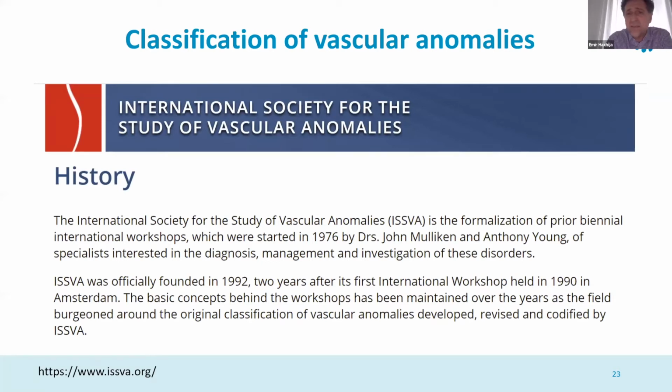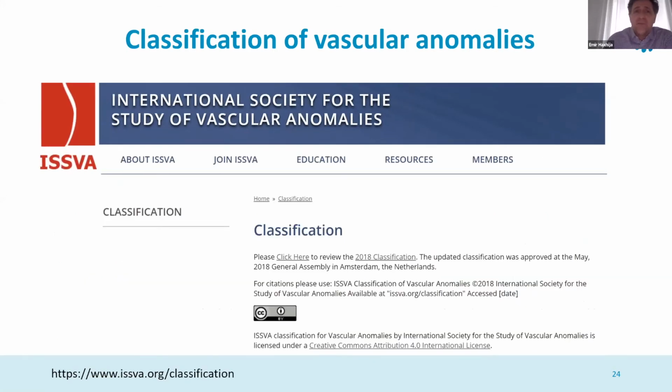These biannual meetings transformed into the biannual conferences and workshops, and in 1992 the International Society for the Study of Vascular Anomalies, ISSVA, was founded. Its latest classification of vascular anomalies was updated in 2018. This is the classification we use in practice because it has turned out to be very valuable to us.